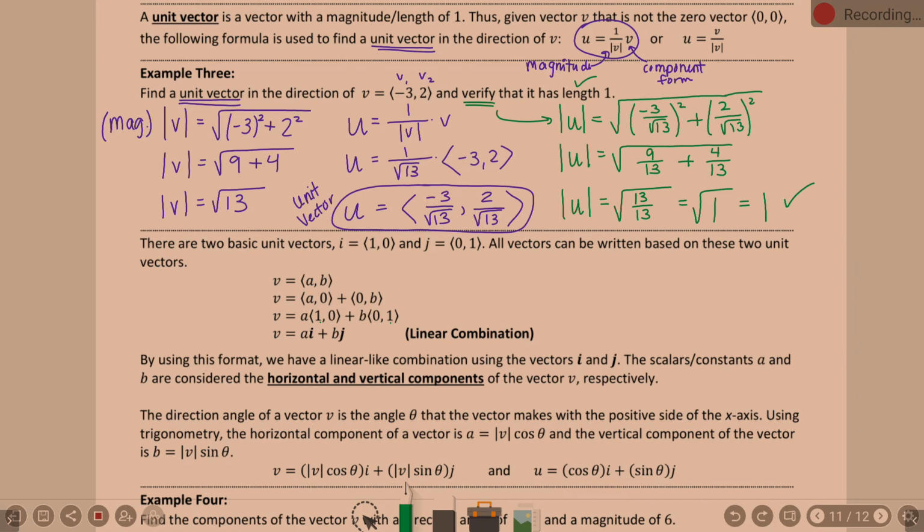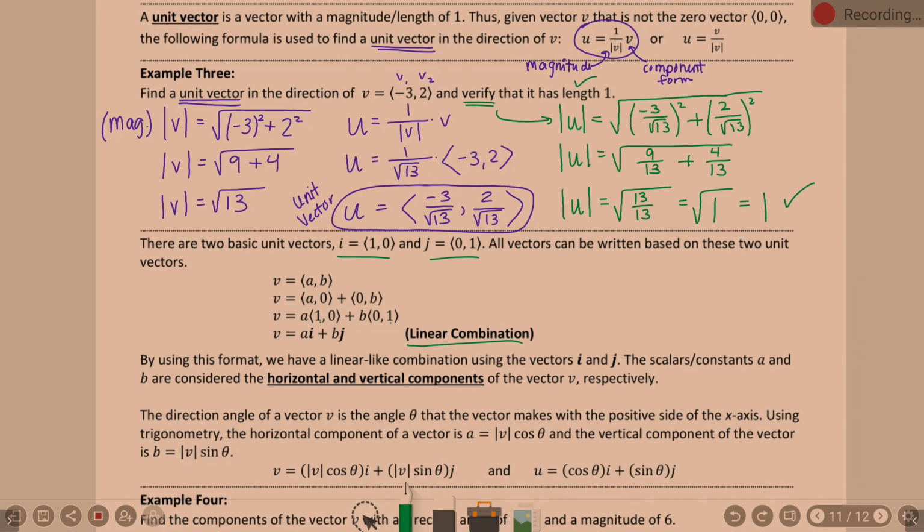So the vector a comma b can be written as a times 1, 0 plus b times 0, 1, which leads us to the fact that a vector in linear combination is a times the unit vector I, plus b times the unit vector j. This is what we refer to as a linear combination. And again, remember, I and j are defined up there.